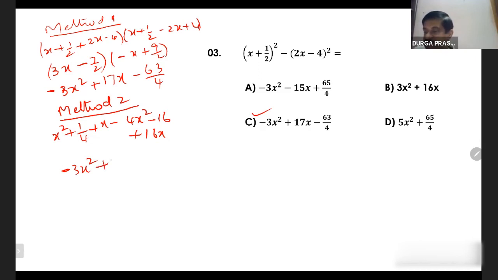X plus 16x is 17x. So it is identified already. Minus 64 plus 1 is minus 63 by 4. So either of the things, it is almost the same with little difference. So the second method appears to be a bit shorter than method 1. Please note it fast, quick.